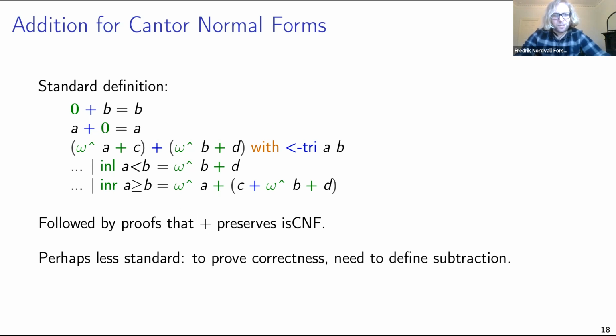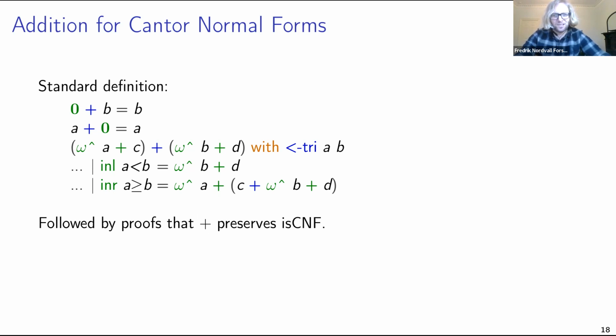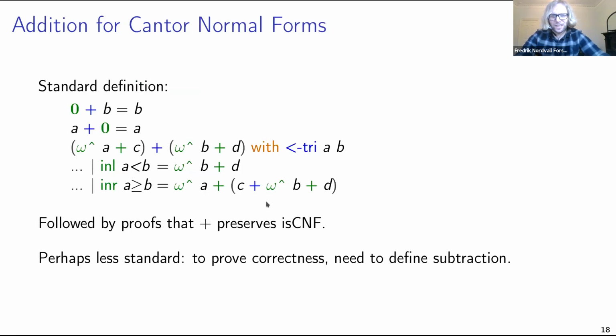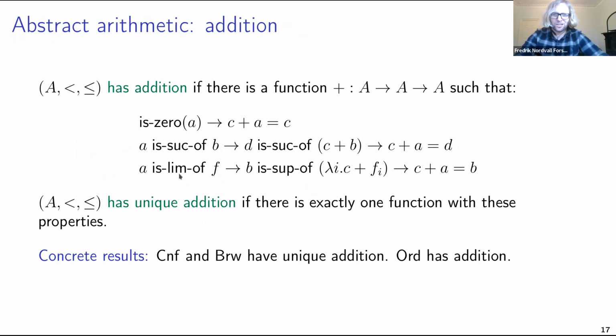And what's perhaps a little bit less standard is that in order to prove that it actually satisfies this specification, we have to define subtraction that works the other way in order to get the right thing, right? So note that even though we can't compute limits, we still satisfy the specification that we compute the right thing if A happens to be a limit, right? So we can satisfy the specification even if we can't compute the components.